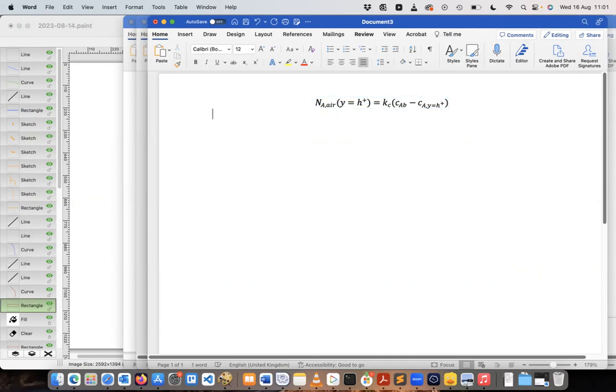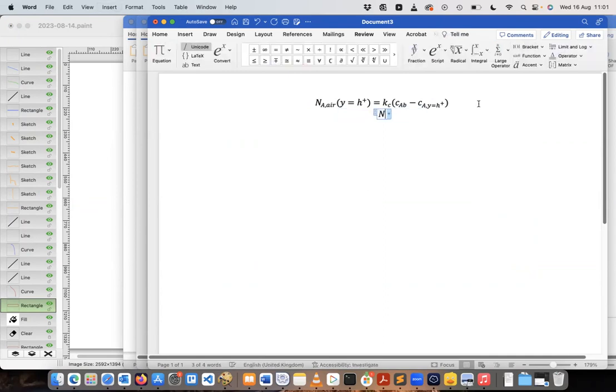And then we can say the flux of water, N_A, in the concrete, at y equals h minus, must equal the flux in the air. But what's this also equal to? Your flux of water in the concrete, what expression can we write for that?